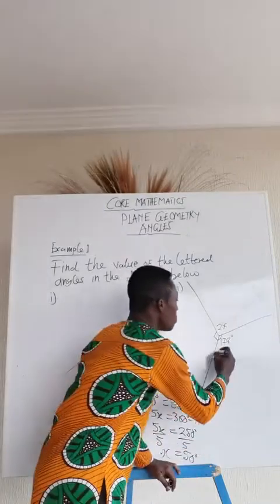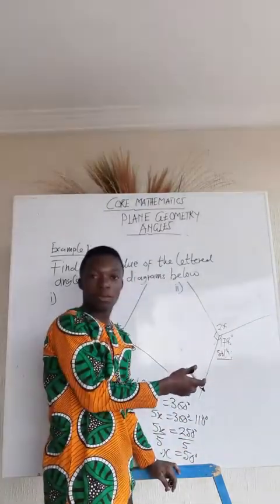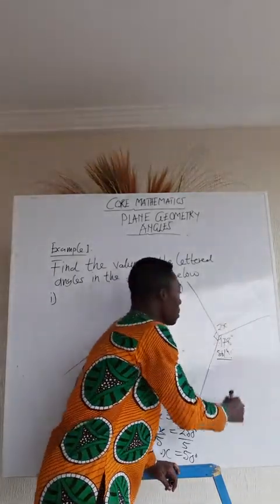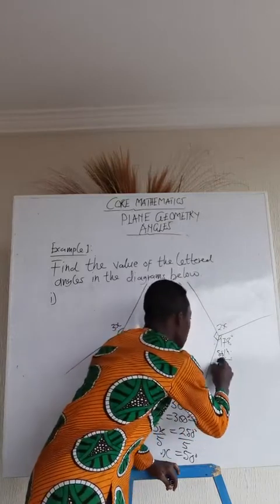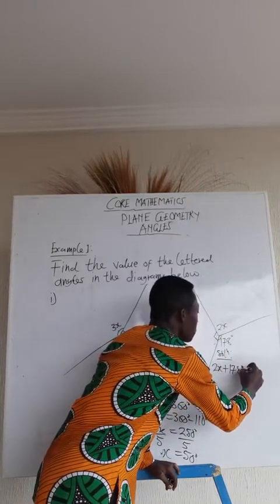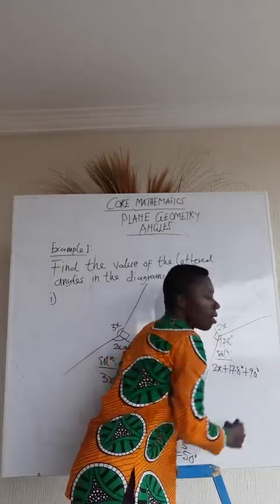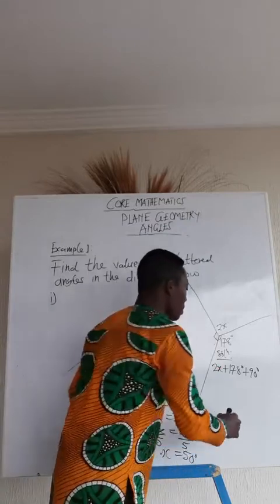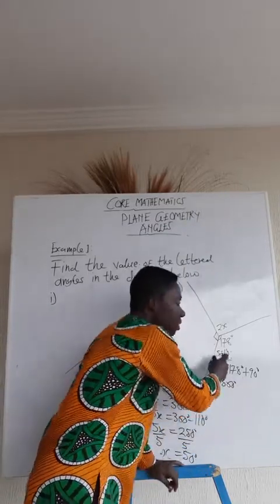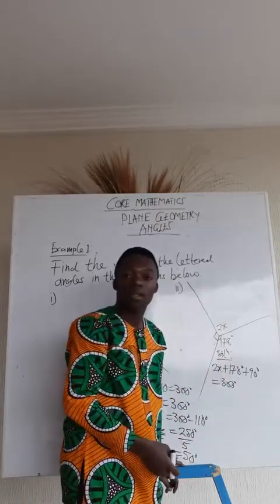Okay, so here is the same solution. The same idea still works: 2x plus 90 plus 178 equated to 360 degrees. Here the numbers are 178, 90, and then 360.